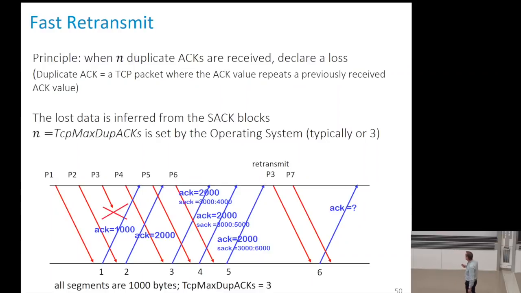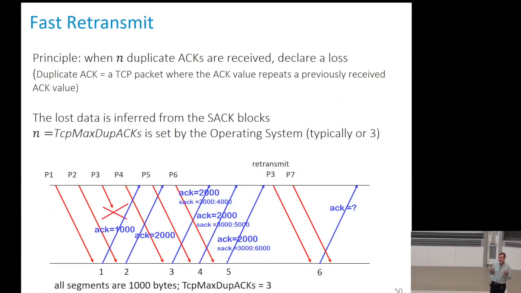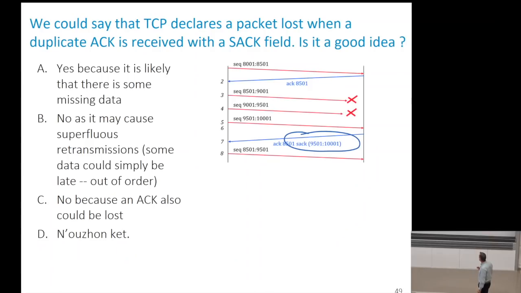And how much you have to repeat? Well, there is a system constant, which is the max number of duplicate acknowledgements. Here, duplicate acknowledgements is a bit confusing. It's not an acknowledgement that's duplicate, it's the ACK field, which is duplicated. The ACK field, verbatim, is the field in the TCP header that acknowledges everything up to that has been received in sequence.